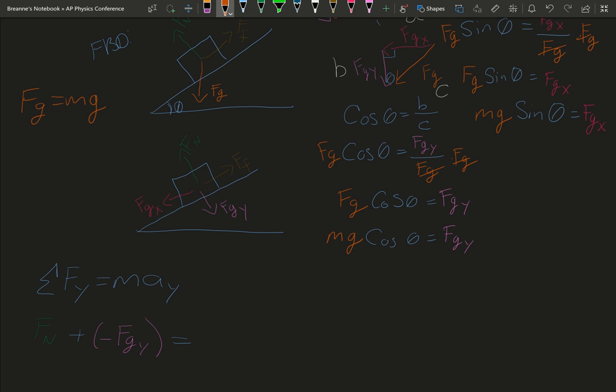and again, you can solve for mass. It's mass by itself. So our mass is force of gravity divided by acceleration due to gravity. So we can plug that in if we need to.